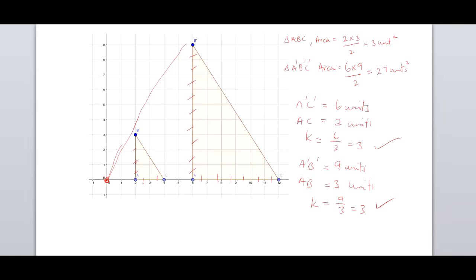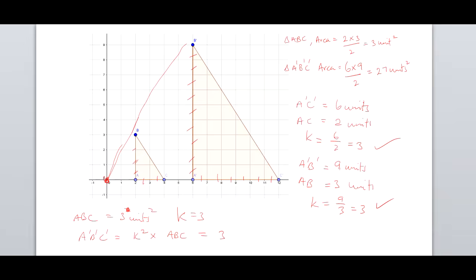Now let's go back to the area. If they told you the area of one triangle, let's say the area of ABC is equal to 3 units squared, and they told us k is equal to 3, we know the relationship between the two triangles in terms of area. The area of A prime B prime C prime is equal to k squared multiplied by the area of triangle ABC.